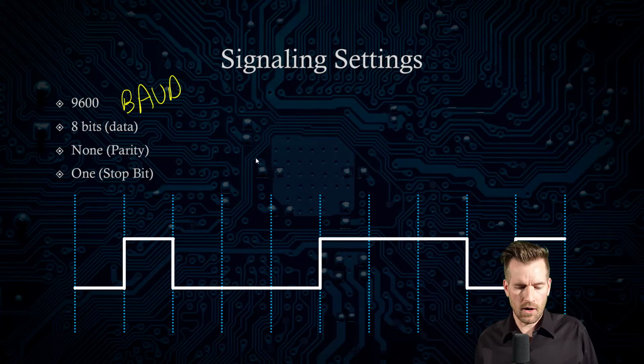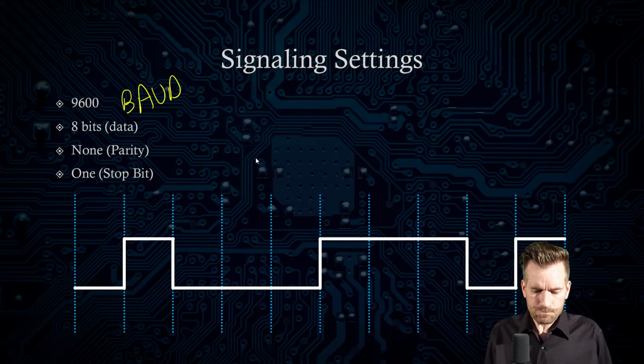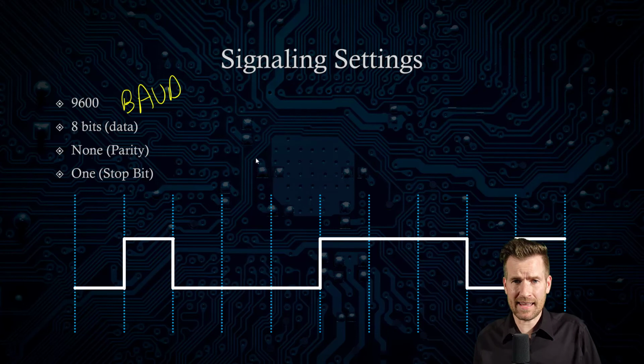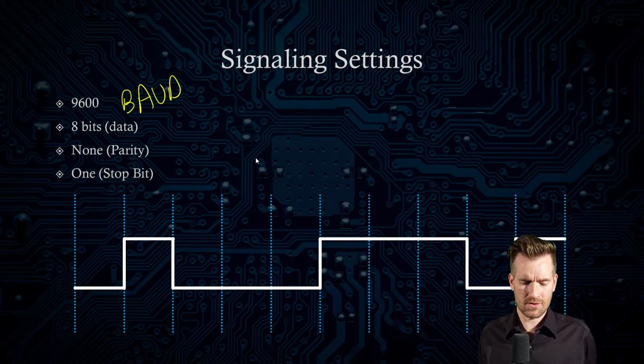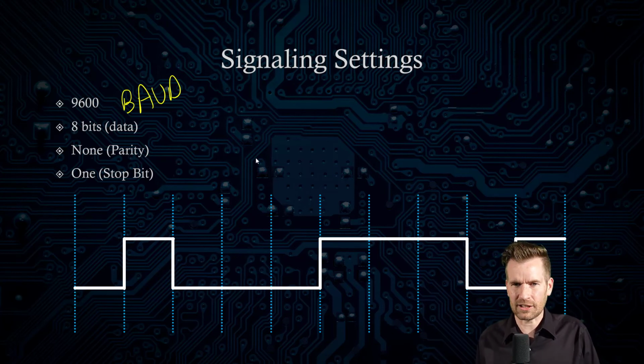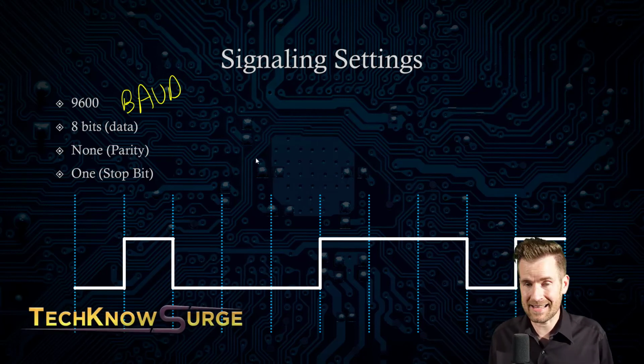Initially the bits per second lined up with the baud rate, and we'd send a bit for every baud that we had. But that's no longer the case because we're able to pack a little more data into it. So just consider this the speed at which we talk. Just consider it that for now. We won't get too in depth into the technical side of that. But what we want to do when we connect to Cisco equipment is a baud rate of 9600.